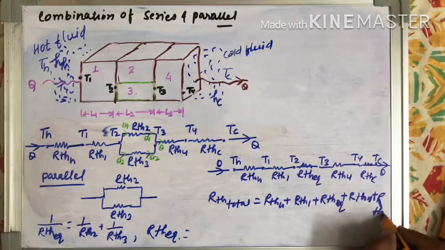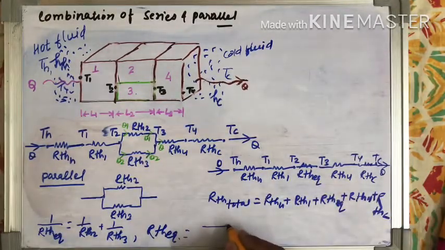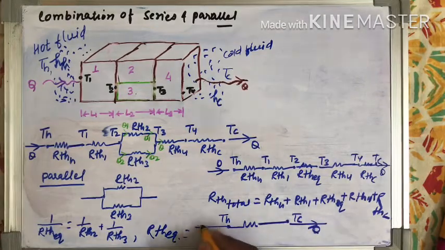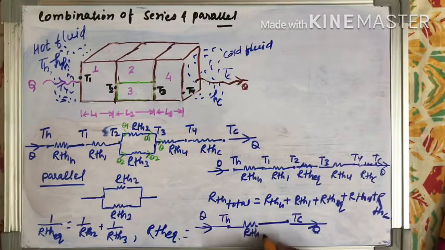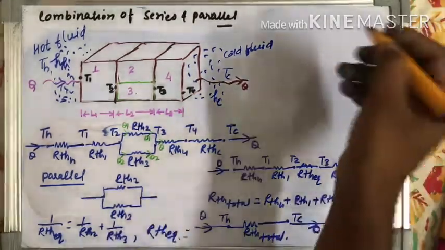Now this total network can be converted to TH, TC, Q coming in, Q going out, and it would be RTH total. So in this way we can solve a difficult network, and definitely it is going to help us.